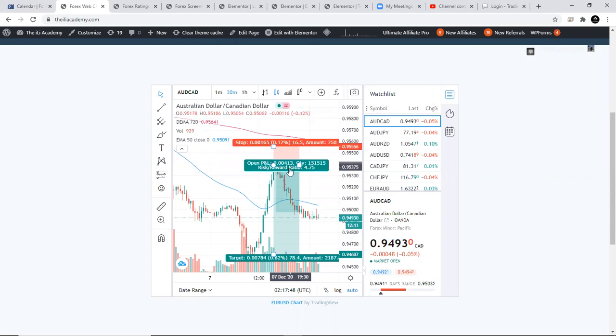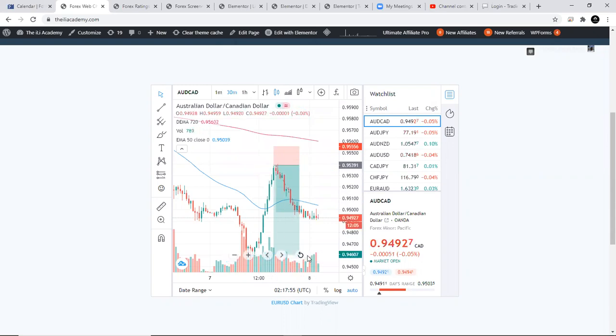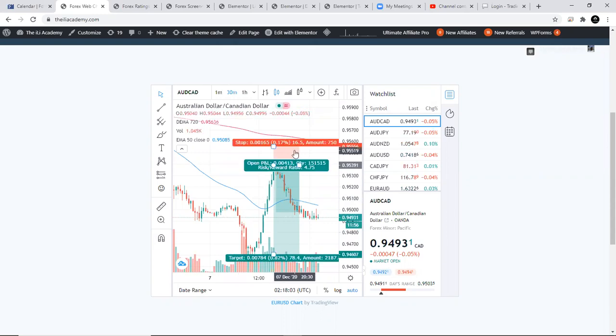It gives us how many pips we expect to get, what the risk reward ratio is, what the target is, how many pips. Very, very cool software, so it can give us more information if we need it.